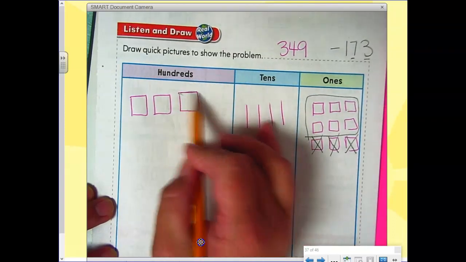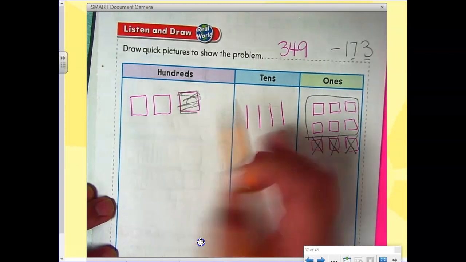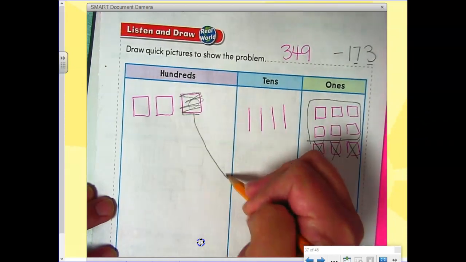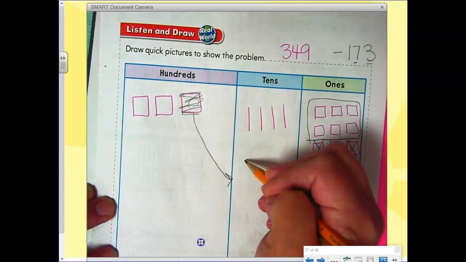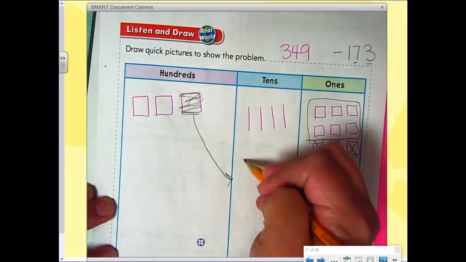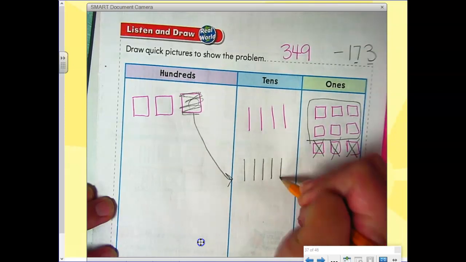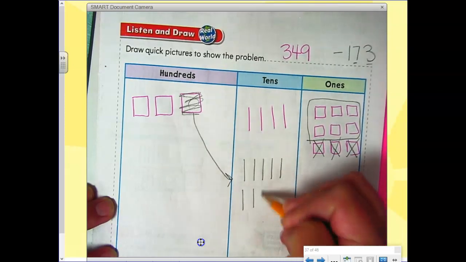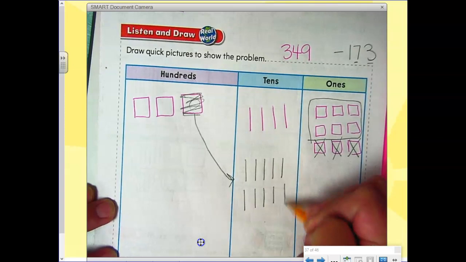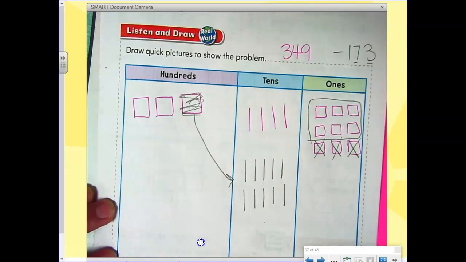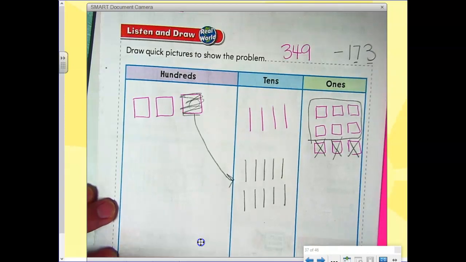So when I grab a group and bring it next door, I'm going to have 10 groups of 10. 10, 20, 30, 40, 50, 60, 70, 80, 90, 100. So go to the hundreds place and grab a group of 100 and break it into 10 tens in the tens column.